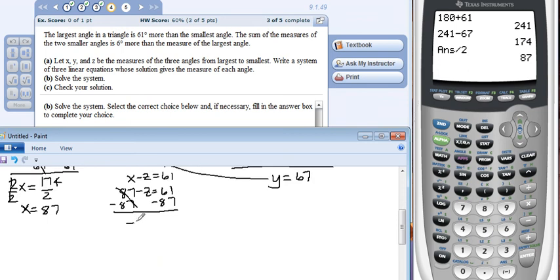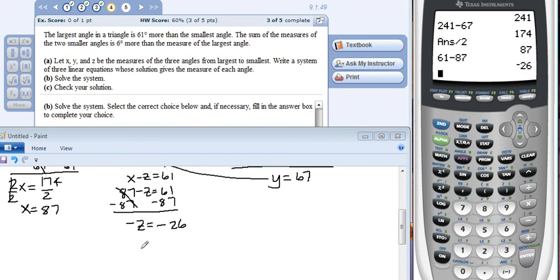This is gone, so now I have minus z is equal to a minus, what is that, 26? And again, I'm going to check that because I don't want to go through making an error. Divide through by negative 1, divide through by negative 1. So z is, therefore, 26.